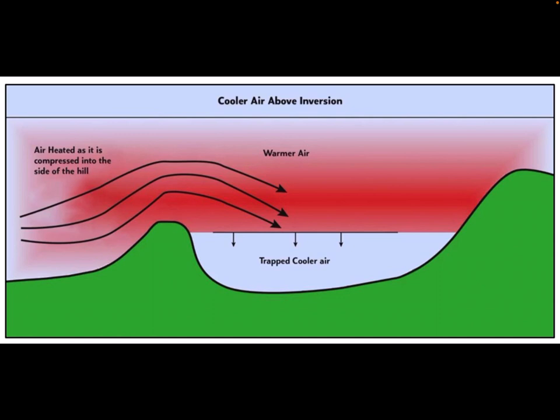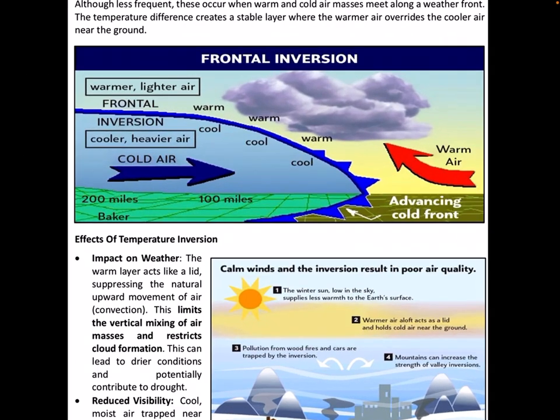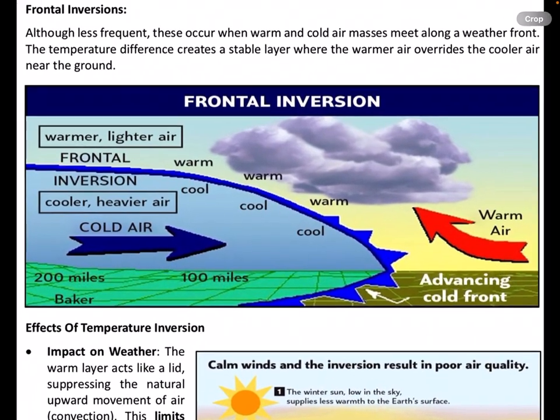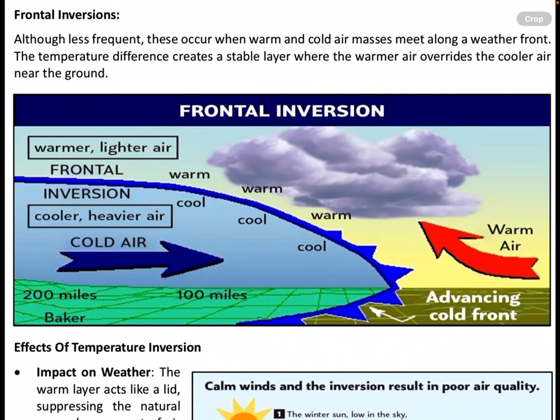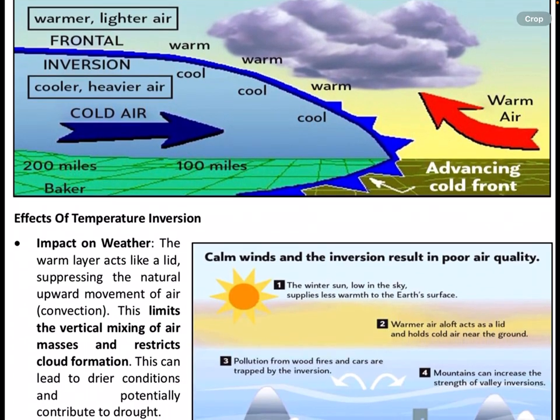Due to this, the temperature with increasing height gets warmer, and this is called temperature inversion. So these are the three types. And this is the frontal inversion, the cold air mass and warm air mass. The warm air mass is lighter and warmer and gets on top of the colder air mass.